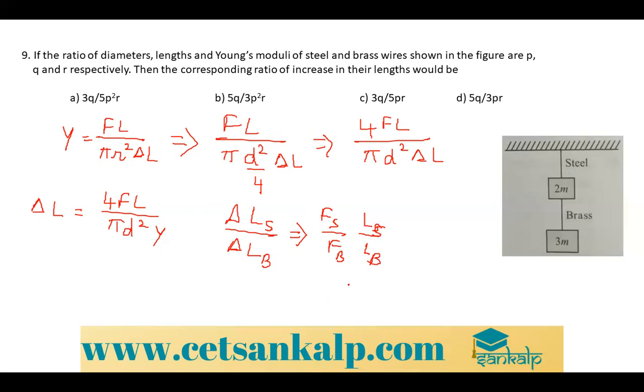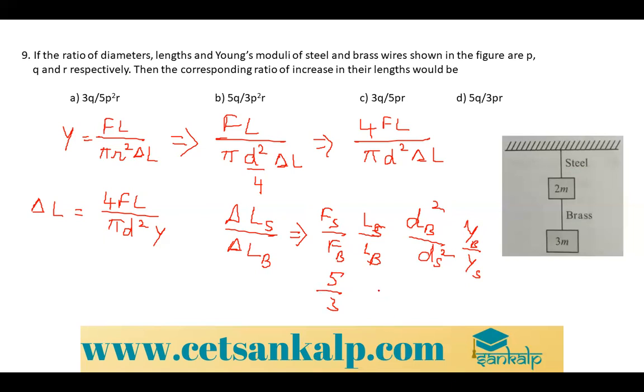Now what about the diameter? Diameter is inversely proportional, dB by ds, so it is squared. Area is also Yb divided by Ys. So you directly substitute. Steel and brass, steel gets added, so it is 5/3.